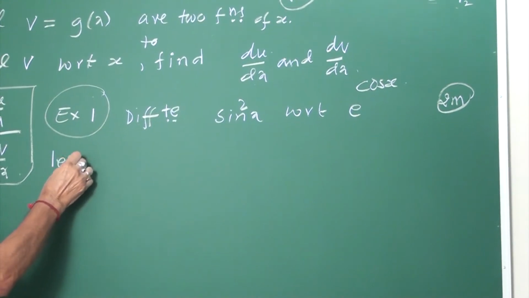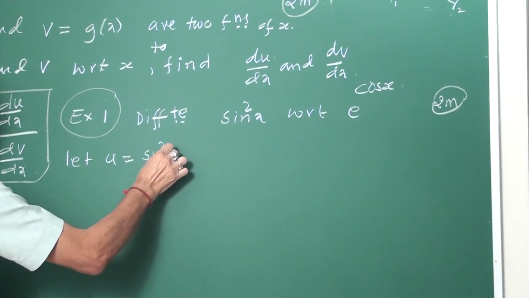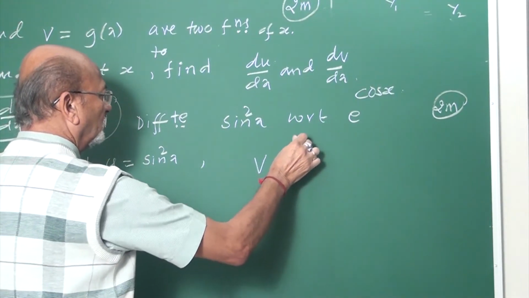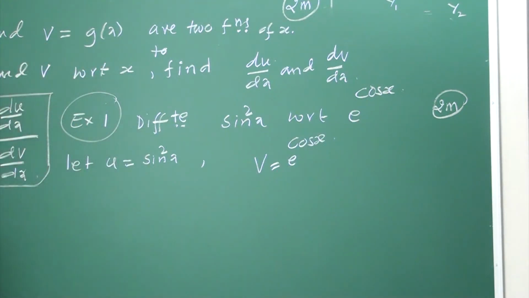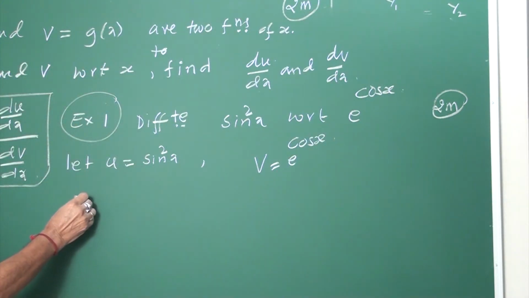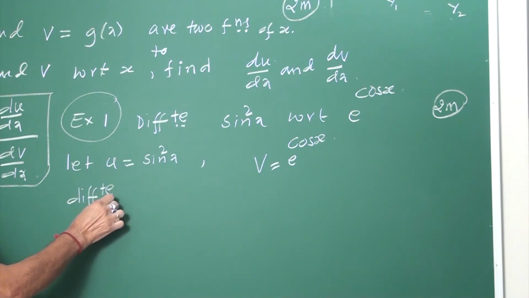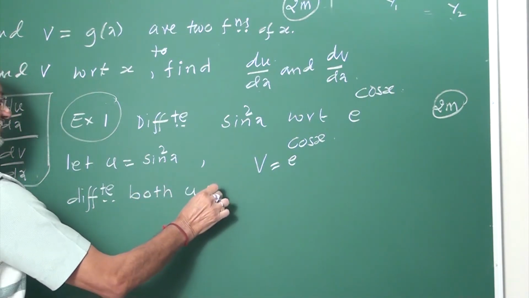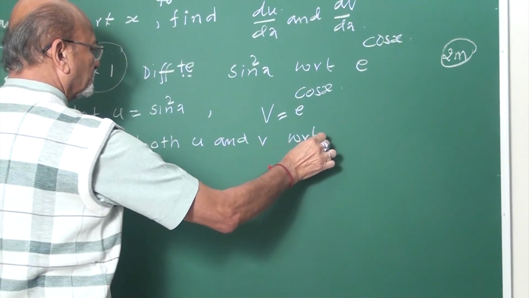Let u equal to sine square x and v equal to e to the power cos x. Differentiate both u and v with respect to x.